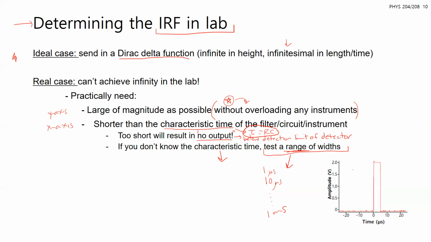As you test shorter and shorter times, you're always going to see an exponential, and maybe the overall magnitude of that will change, but you're always seeing an exponential. But if you have something that's longer than your characteristic time, when you do the convolution, you're going to start seeing effects of the length that's taking place there, that you're going to see that exponential convolved with the extra signal that it's able to respond to that's slower.